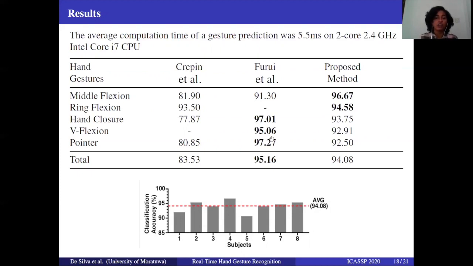They used the optimal electrode positioning, whereas we placed the electrodes along a circumference on the forearm. In the chart at the bottom of the slide, you can see the classification accuracies across all the subjects, and all the subjects showed classification accuracy about 90%.